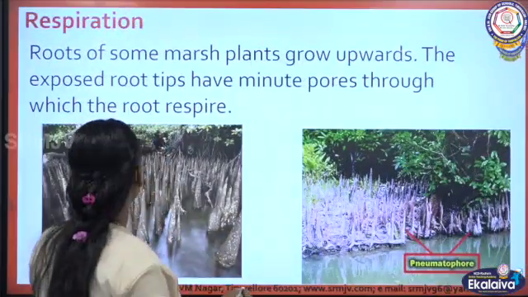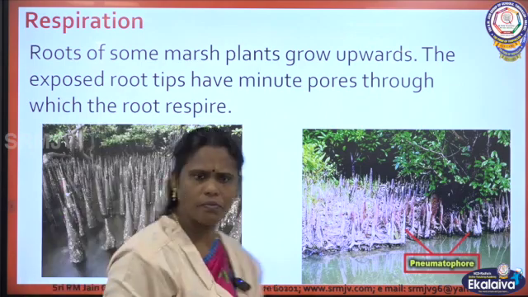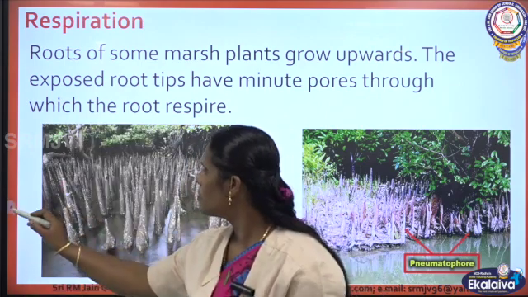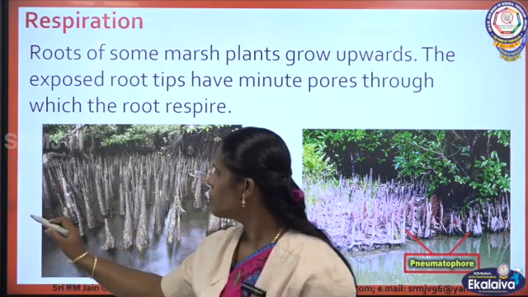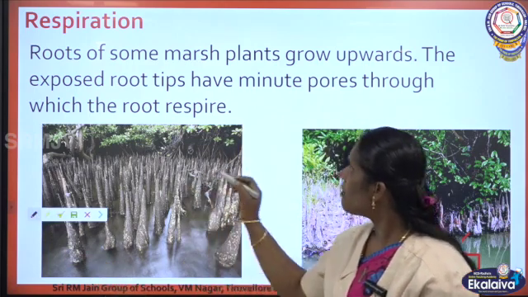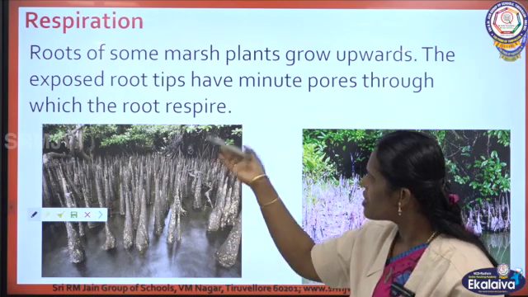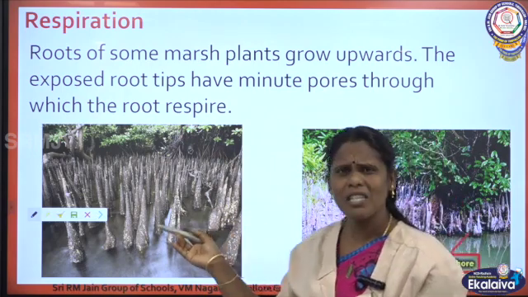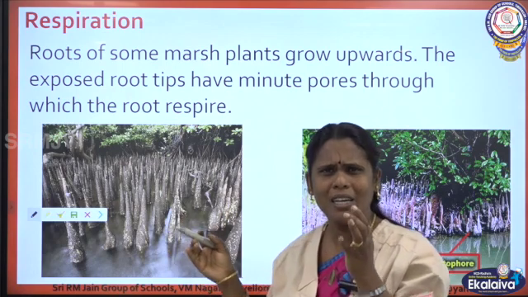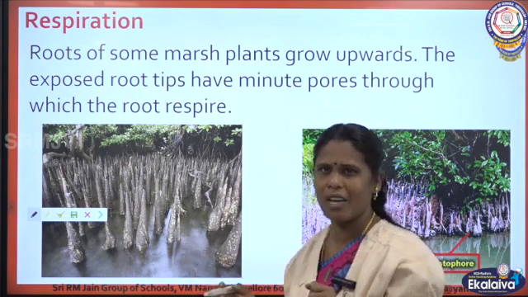Next modification, respiration. You see, here roots of some marsh plants grow upwards. Marsh means what? A place that always has water with clay soil, right?